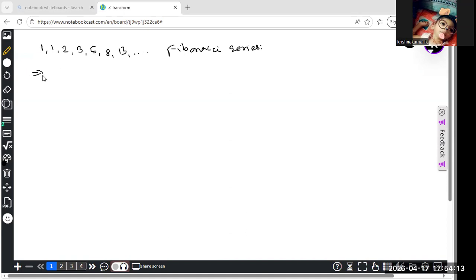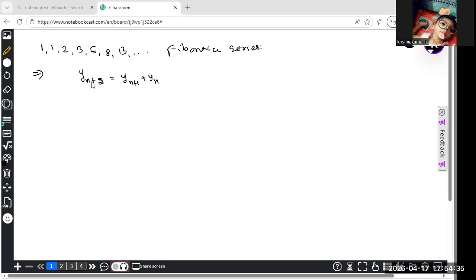The corresponding difference equation for this Fibonacci series is this one: y(n+2) equals the sum of the previous two terms, y(n+1) plus y(n).